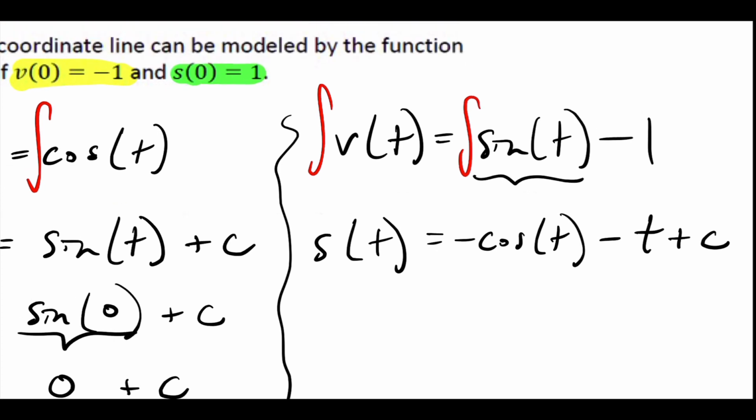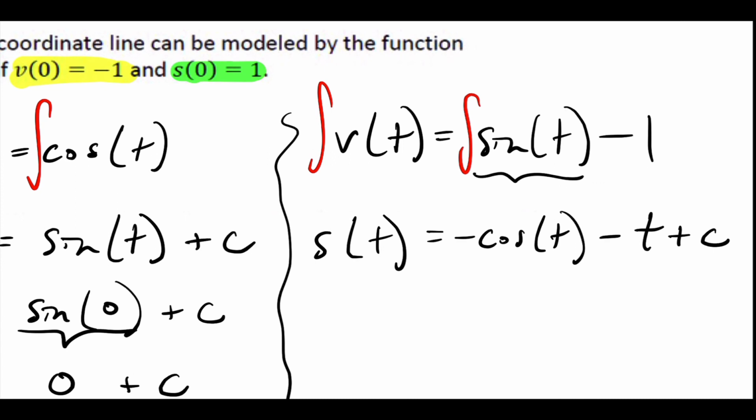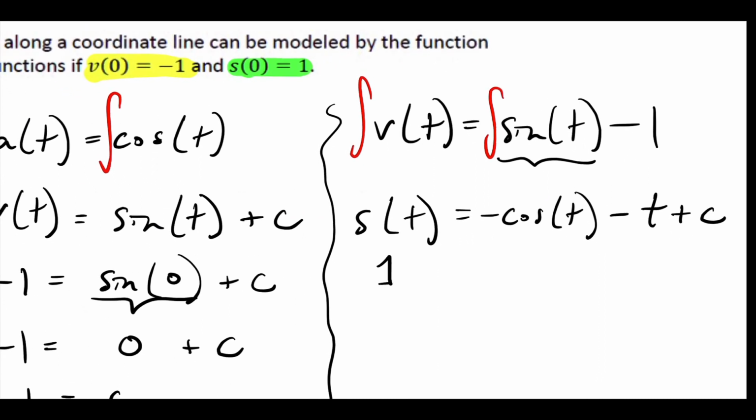Now we know that s of 0 equals positive 1. So when t is 0, that should equal positive 1. Okay, so let's plug in what we know and solve for c. Negative cosine of 0 minus 0 plus c.